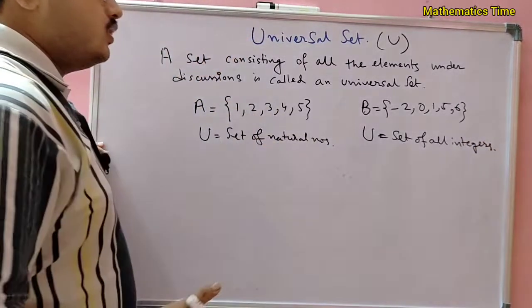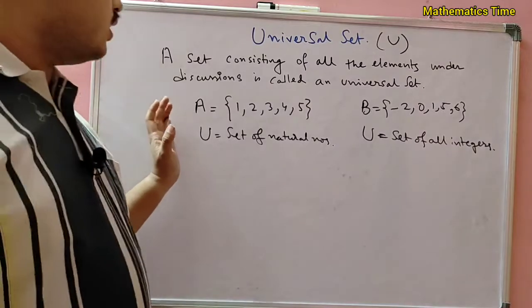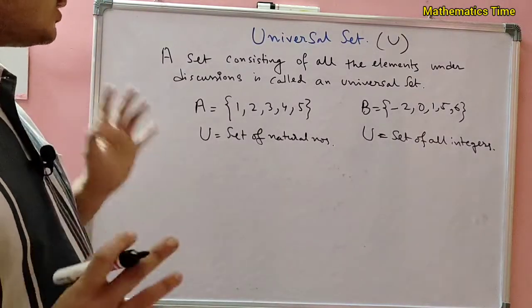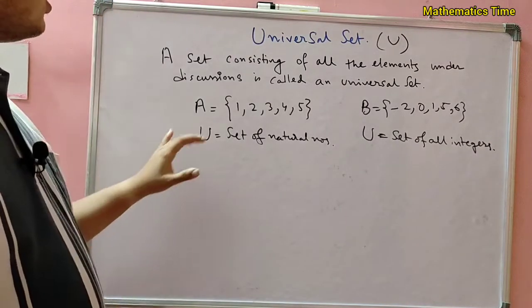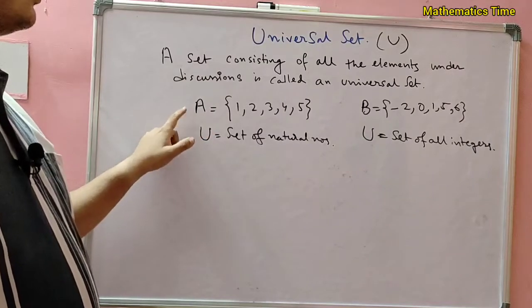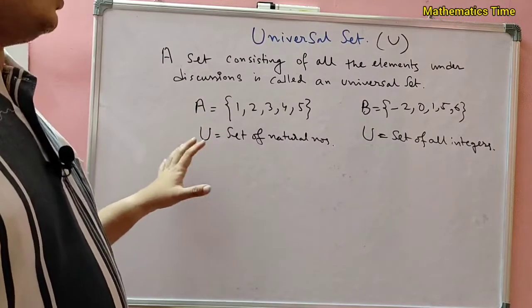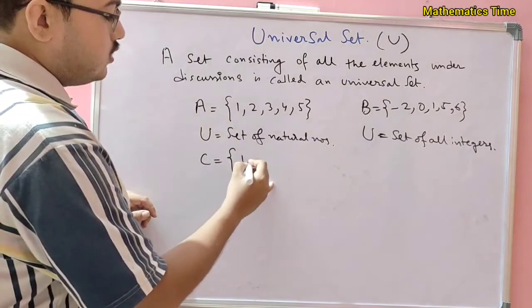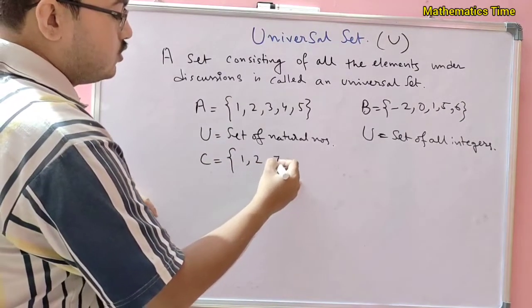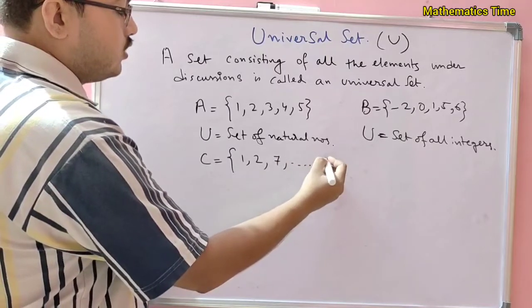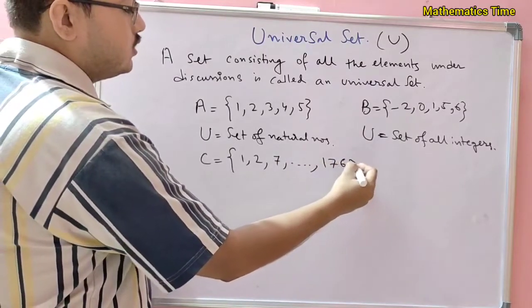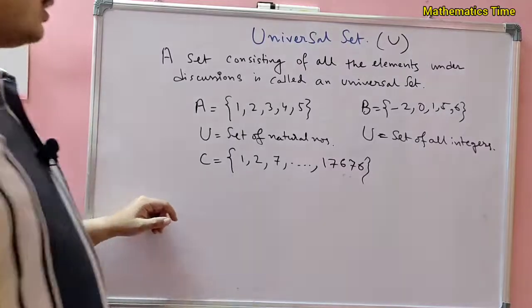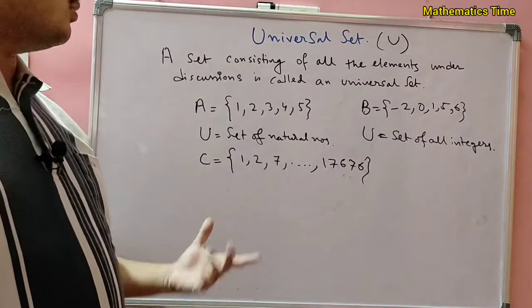You can take anything as universal set, but it will be a basic set, a bigger set, which will contain all the sets under discussion. Okay, any set. So here if we have a C like this, {1, 2, 7, 17, 60}, in this case the universal set will be the set of natural numbers.